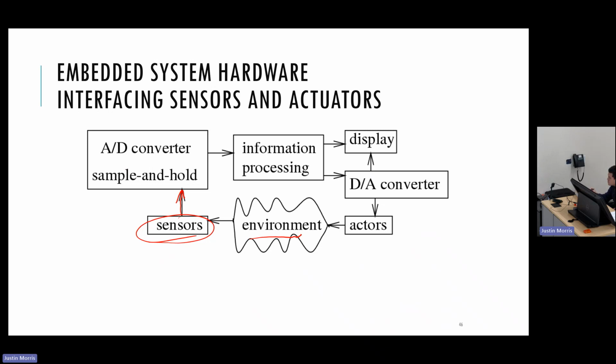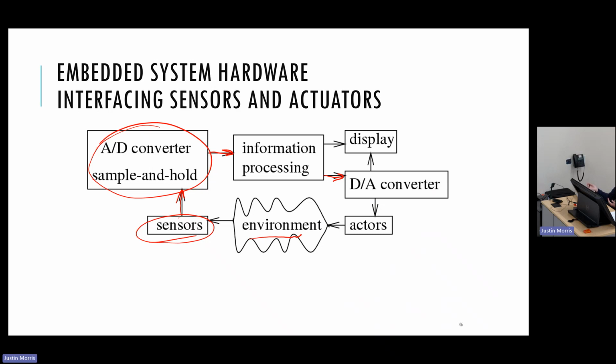So we have to use the analog to digital converter in order to take that analog value and turn it into some binary encoded value that the processor can handle. And then after the processor handles it and processes the information, we can make a decision on how to change the environment.